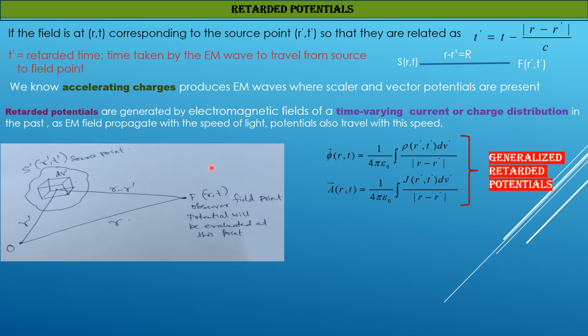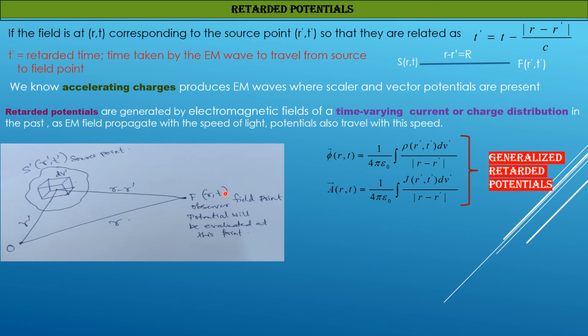So what is the general solution of it? In the previous slide I showed you there was no time dependence, only phi of r. Now we put in the time because this is the point at which we are evaluating the potential. At the source point we put the value of t prime, the time at which the electromagnetic wave left that source point, and that is used in evaluating the potential at the field point.